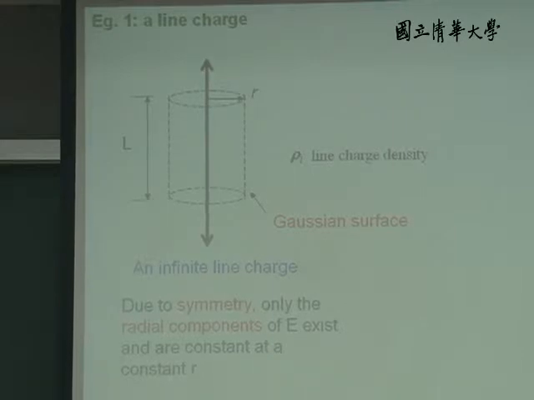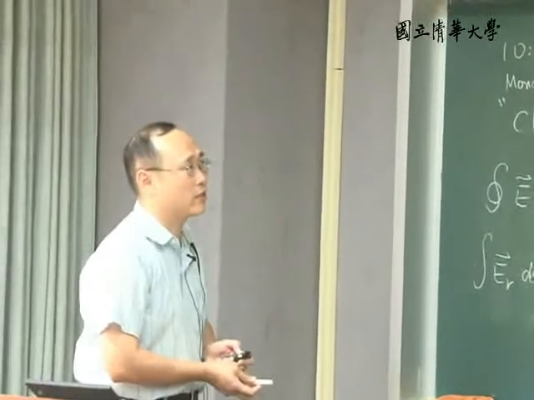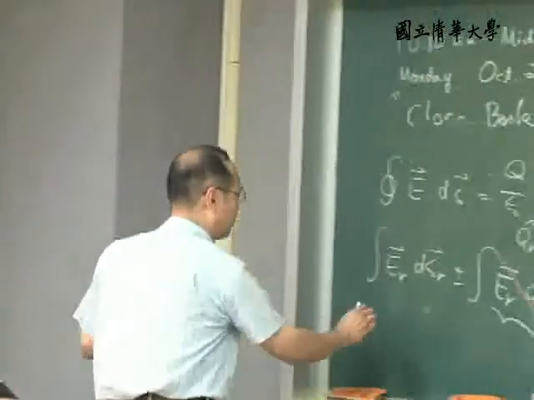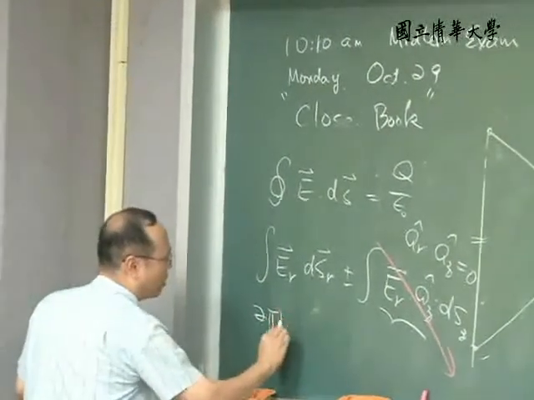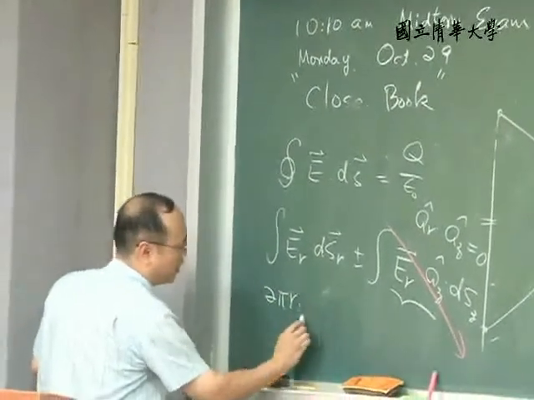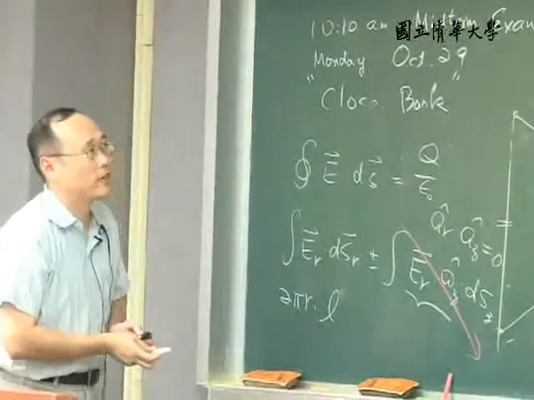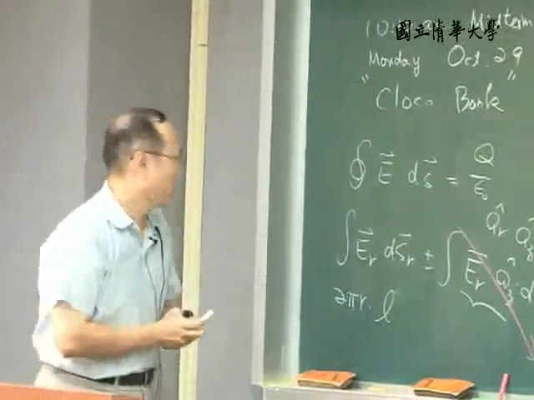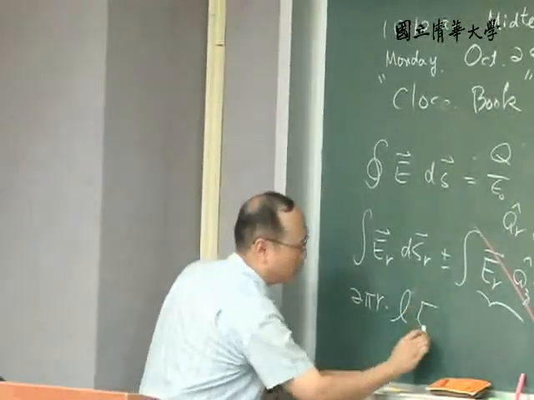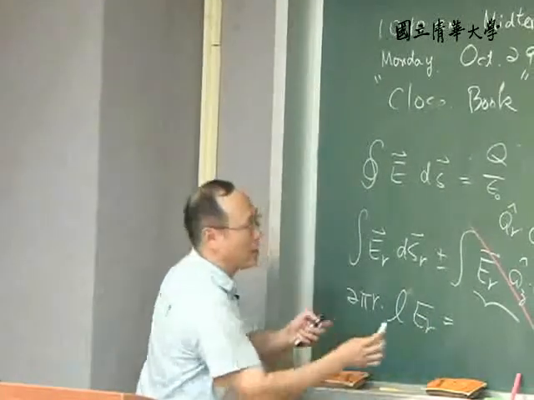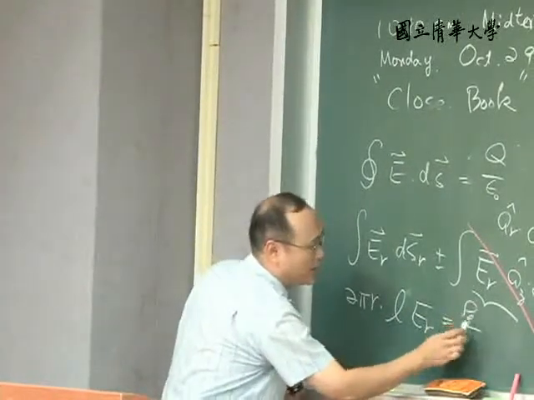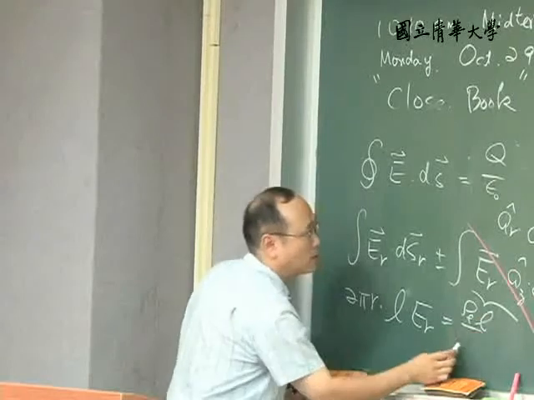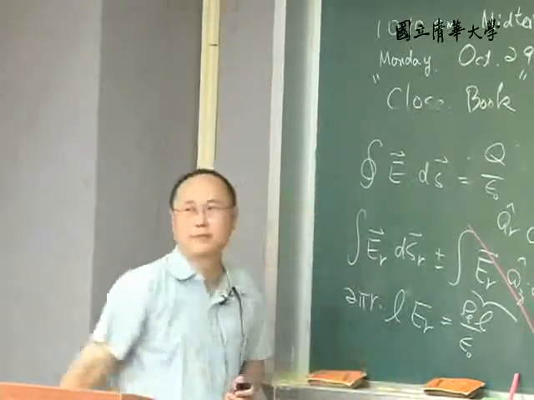Okay, and so if you integrate over this surface, it's going to be equal to 2 pi r multiplied with, say, a length of L from here to here, and then this is E of r. On the right hand side, you have line charge density multiplied with L divided by epsilon naught.